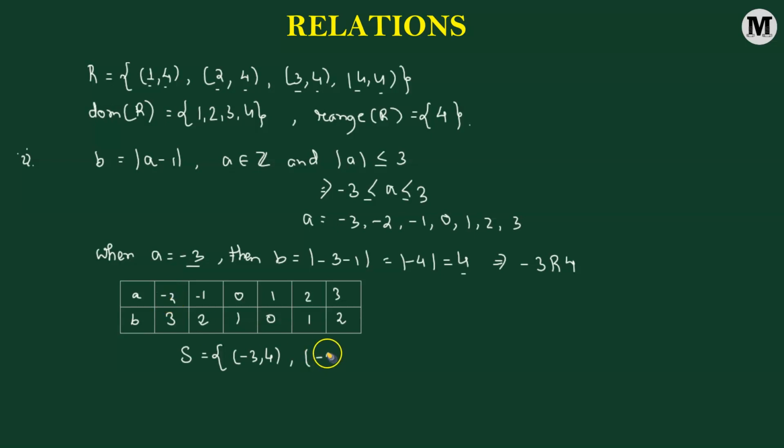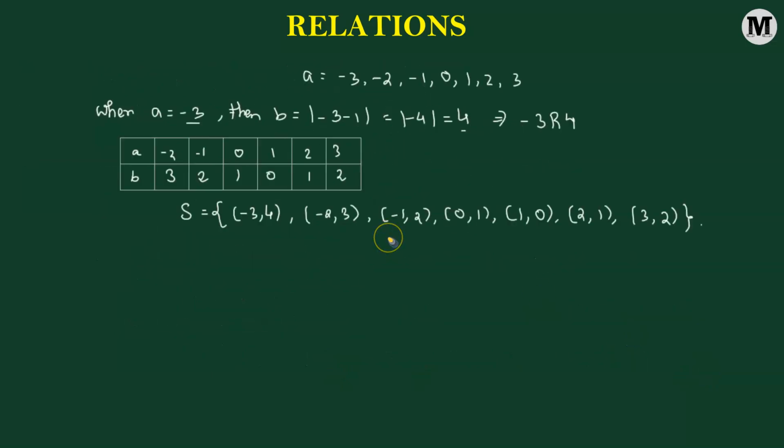When A is -2, B value is 3. When we choose A to be -1, B value is 2. When we choose A to be 0, B value is 1. When A value is 1, B value is 0. When A value is 2, B value is 1. And when A value is 3, B value equals 2. So this is going to be the relation S.